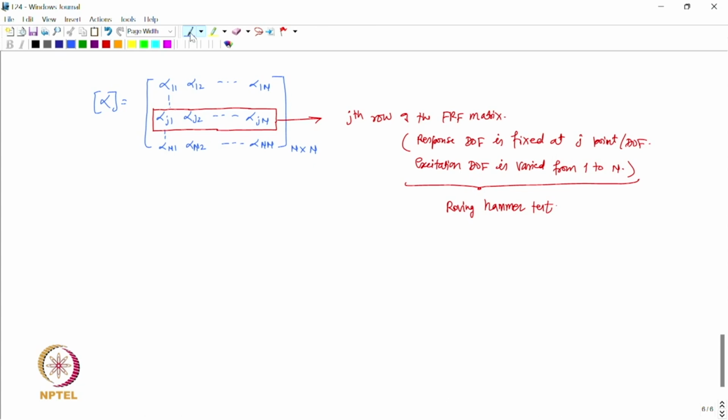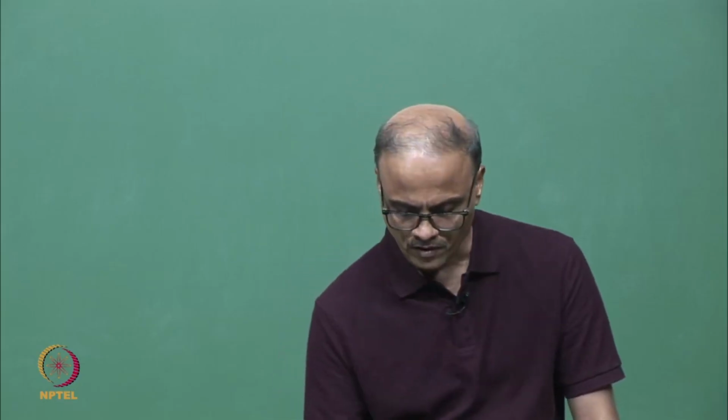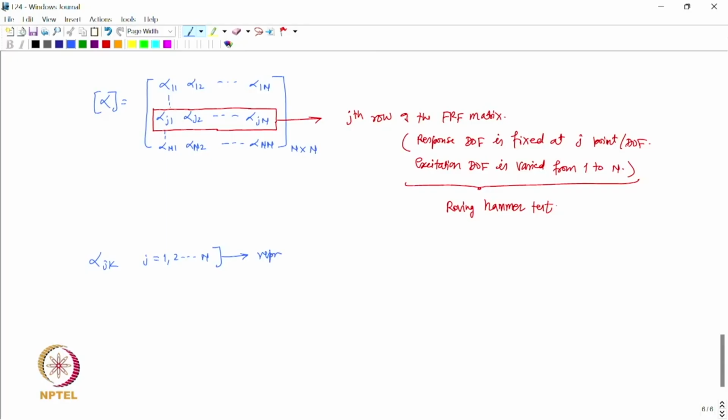An alternative is to measure all the FRFs alpha jk by varying the jth coordinate from 1 up to n, and all these FRFs which result basically represent the kth column of the FRF matrix, correct.